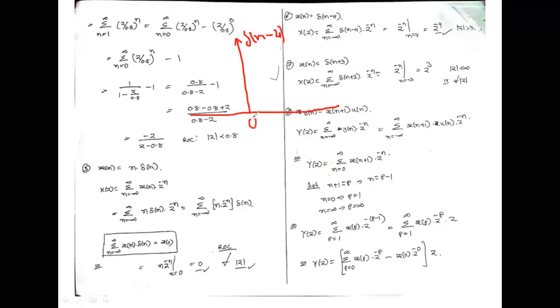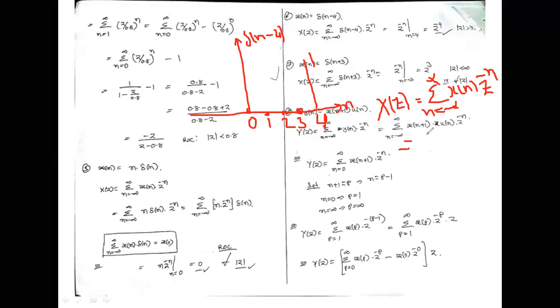So now all values at 0, 1, 2, 3 are 0, because it is shifted by 4. At 4, the value is 1. Okay. Now, in the definition of X(z), delta of n minus 4, so sum of n equal to minus infinity to infinity, x(n) z power minus n.